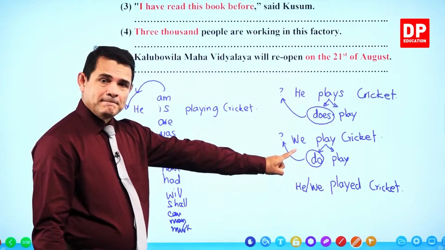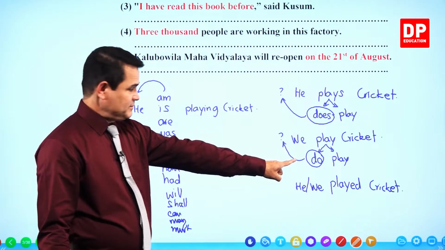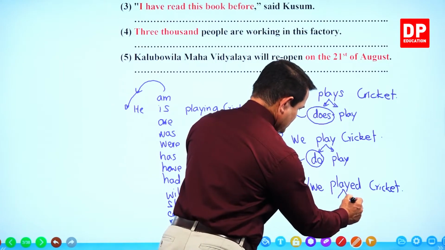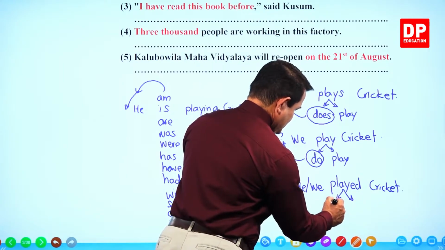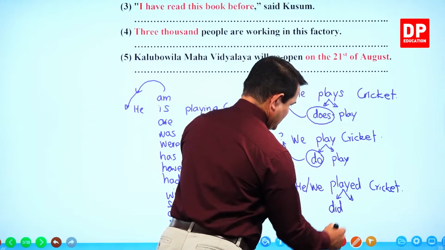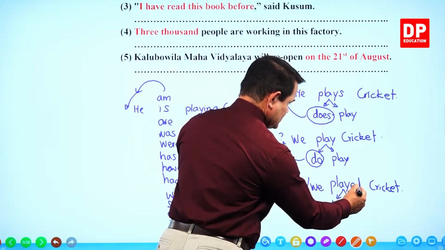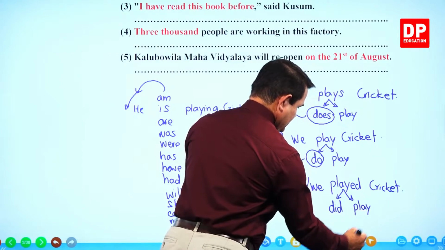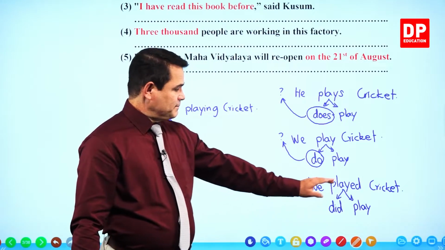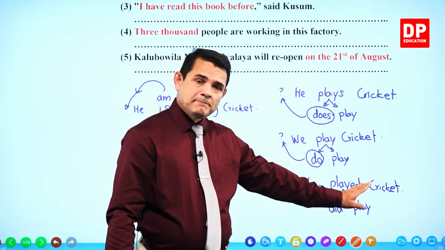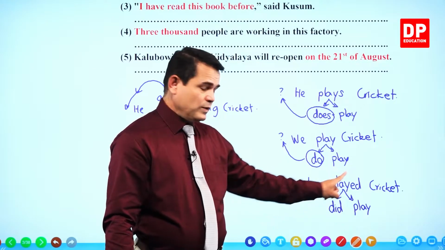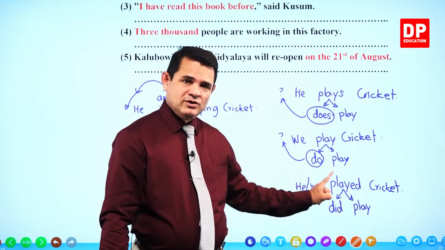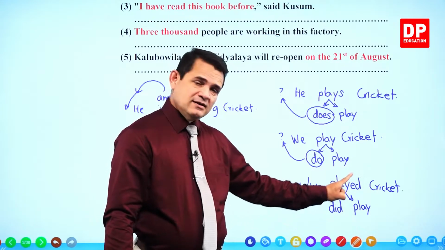What is the verb? Played. ක්‍රියාපදය. Past tense. If it is past tense, remember you take did. And when you take did, this past tense becomes present tense. Play. Played, did play, went තිබුණා නම් එහෙම, did go, wrote, did write.